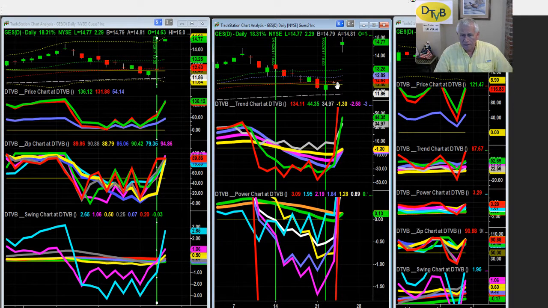And as a result, we can see this pattern with the specifics that I pointed out. We've got the difference, the divergence, in the zip red and zip gray. You've got the swing pink crossover. You've got the divergence between power white and power yellow, which is very small.